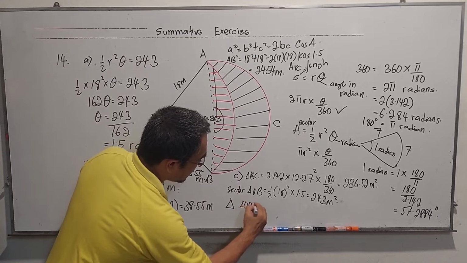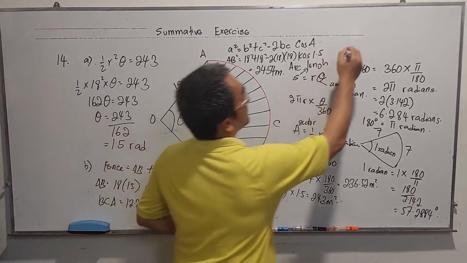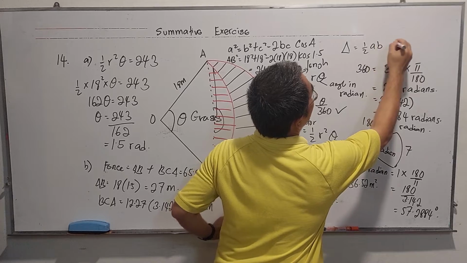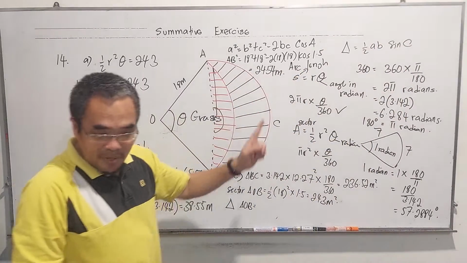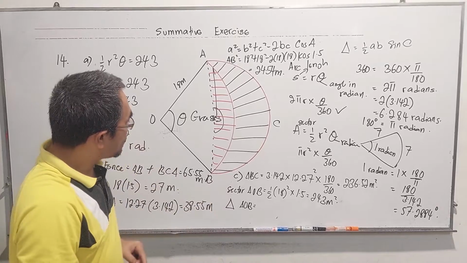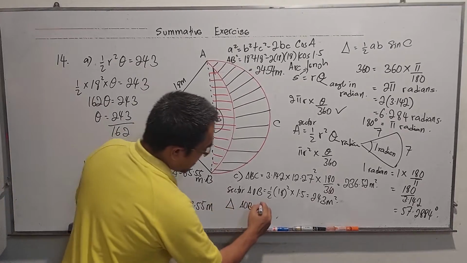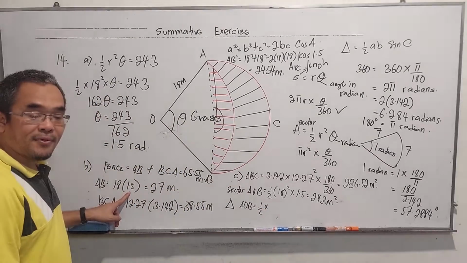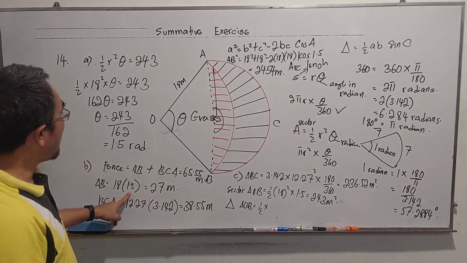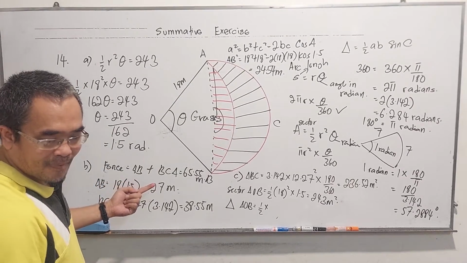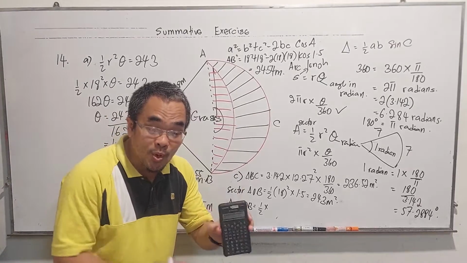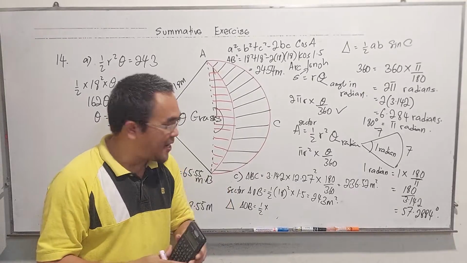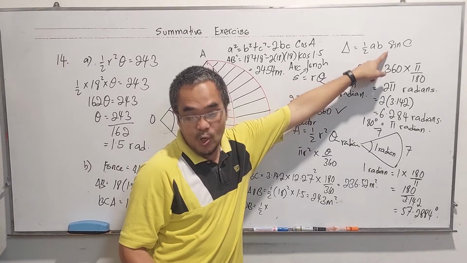Then you have to calculate the triangle AOB. What is the formula for a triangle? The formula is 1 over 2 ab sine C. This formula will be given to you. So 1 over 2 times ab. Are we going to use 1.5 rad? It is important to make sure the calculator is in rad, because there is the word sine, that is trigonometry.